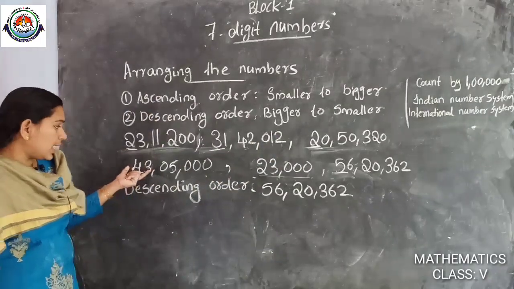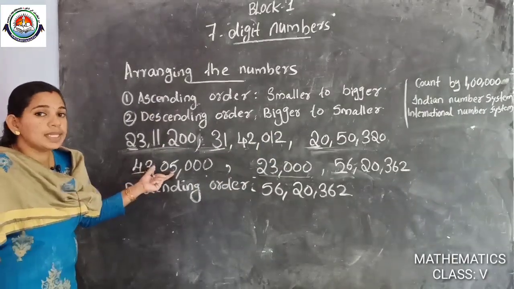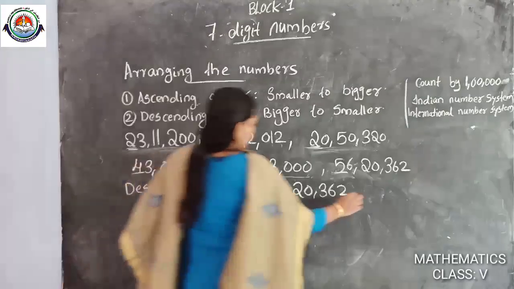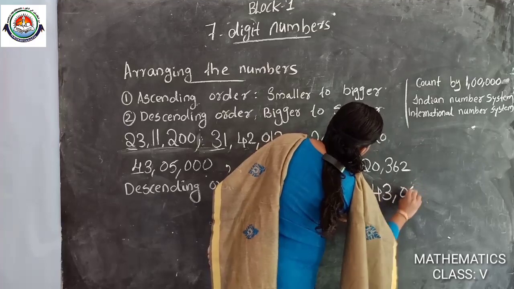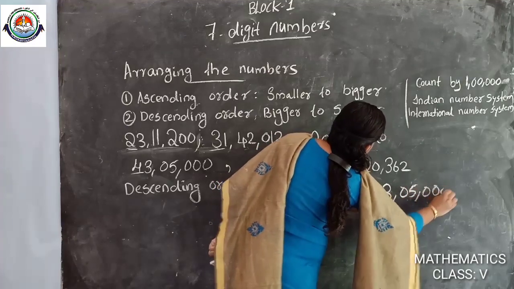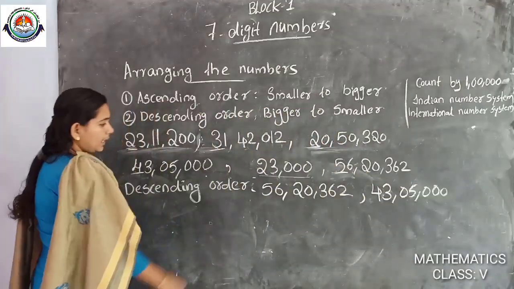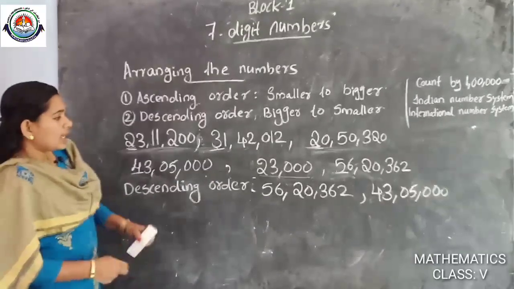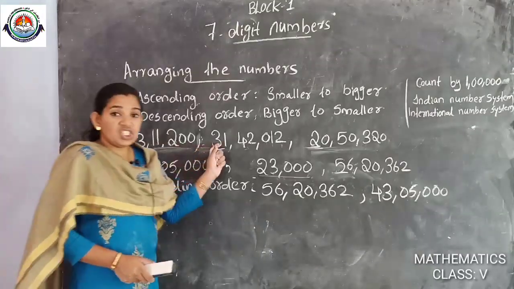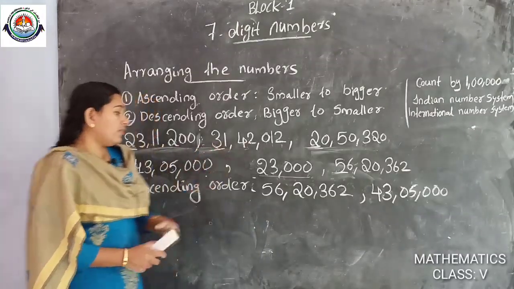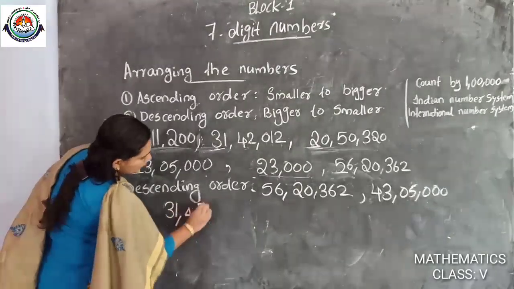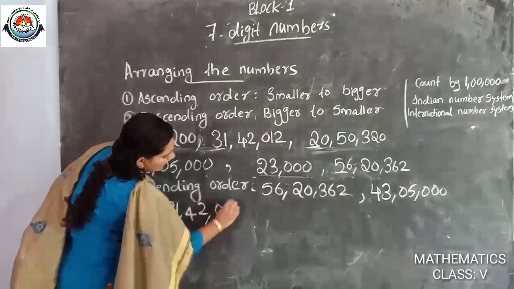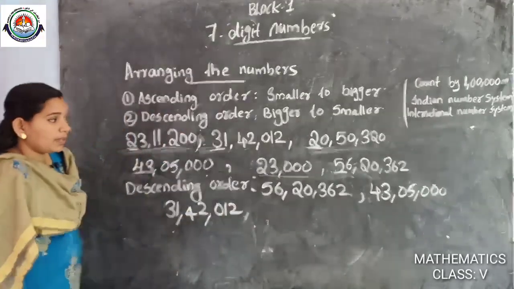So 43 lakh 5,000 is the next largest number. Then the next largest is 3. So 31 lakh 42,012 is the next largest number.